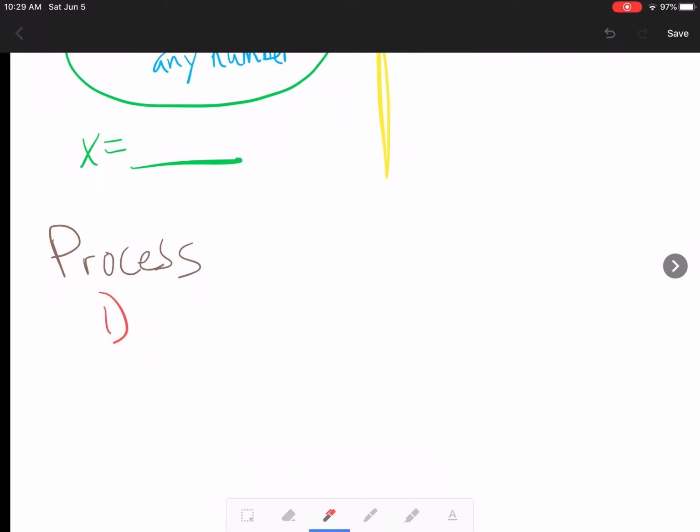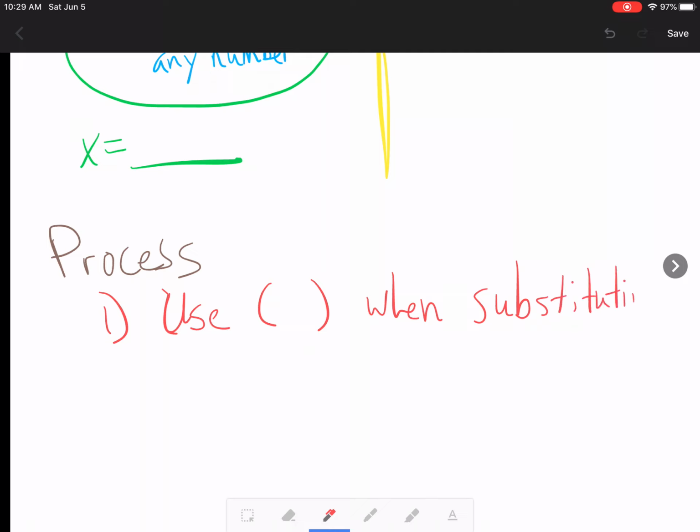First, use parentheses when substituting. The reason we want to do that is parentheses help us with our negatives. You'll see a couple of examples where if you don't put parentheses, it can completely change the whole nature of the problem.